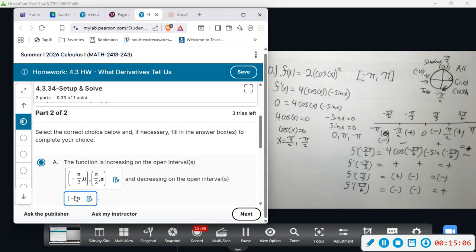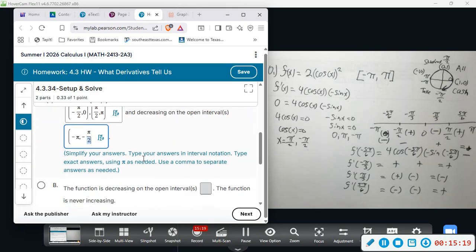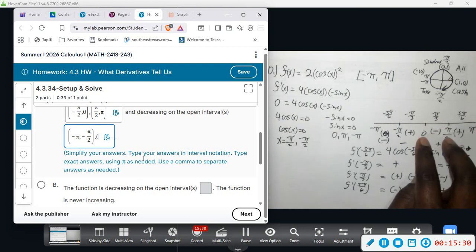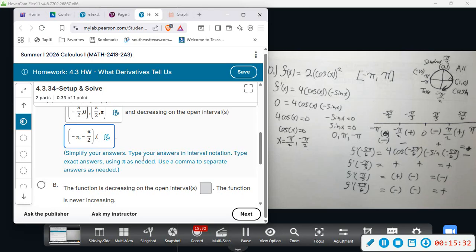Negative pi over 2 to negative 0, and then we also get 0 to pi over 2. All right, that looks good.